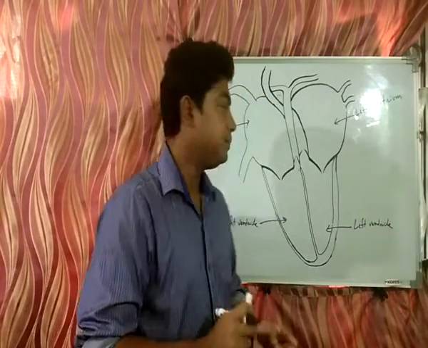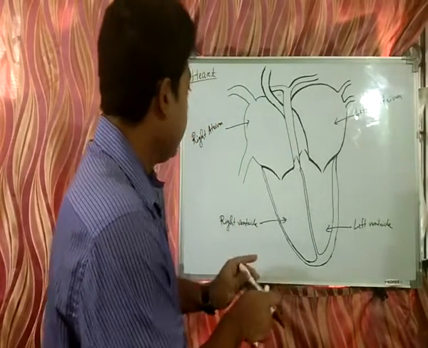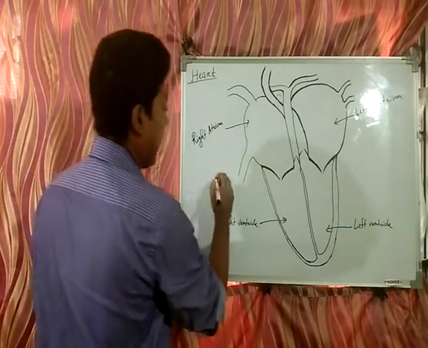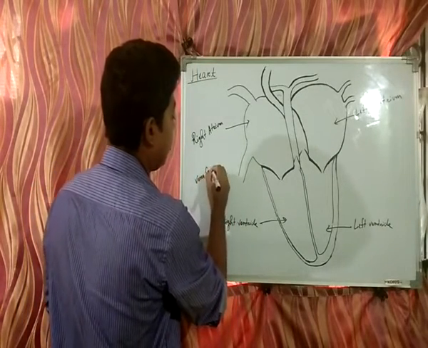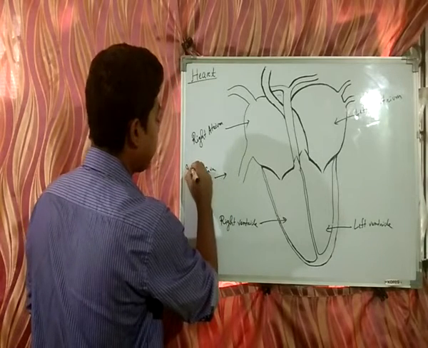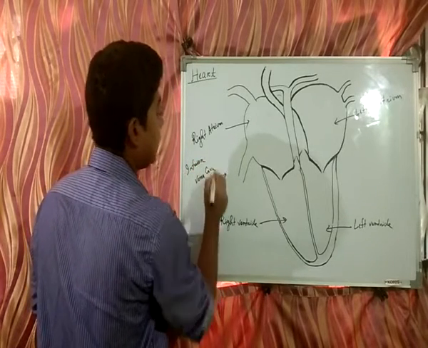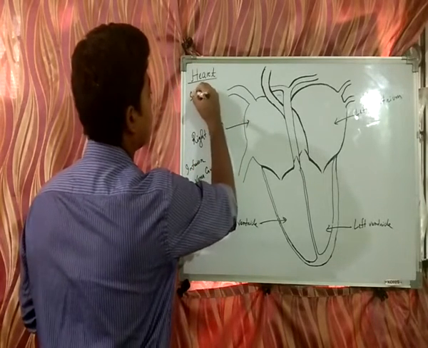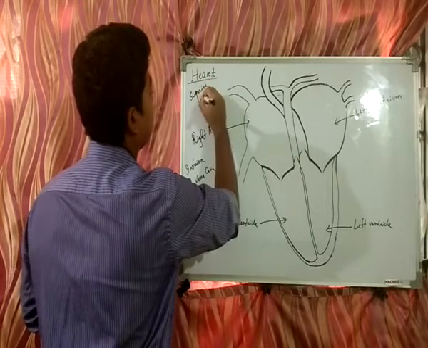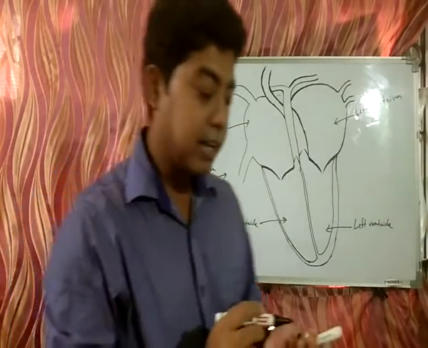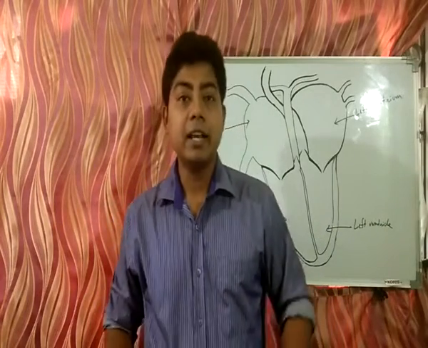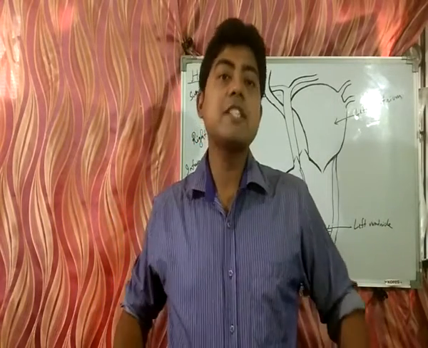Here these two are called vena cava. One is called the inferior vena cava, another is called the superior vena cava. What is the function of vena cava? Vena cava carries deoxygenated blood.